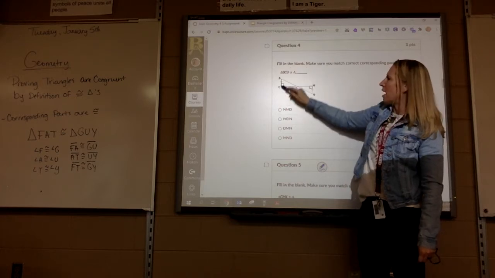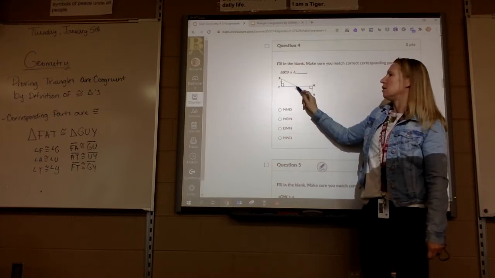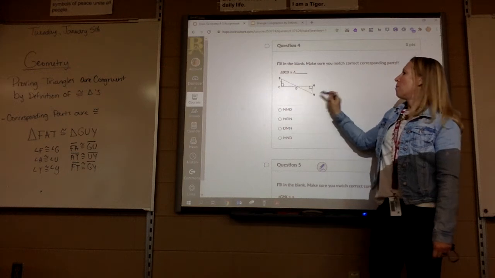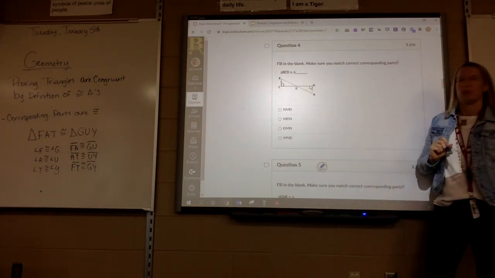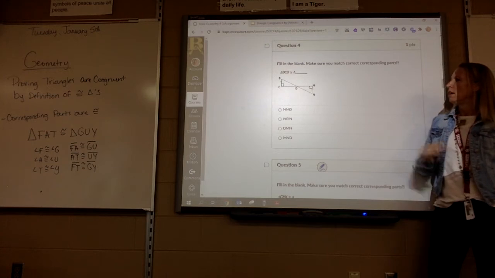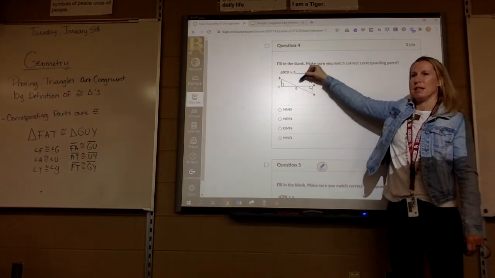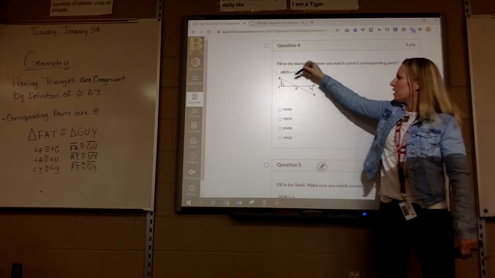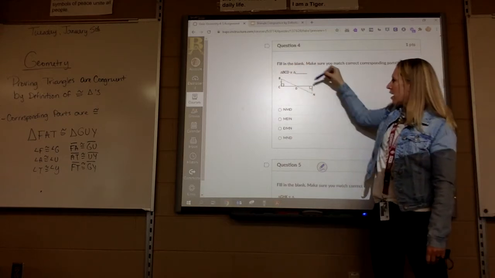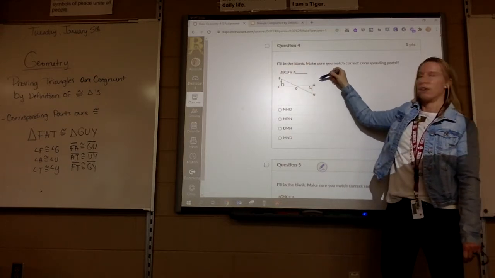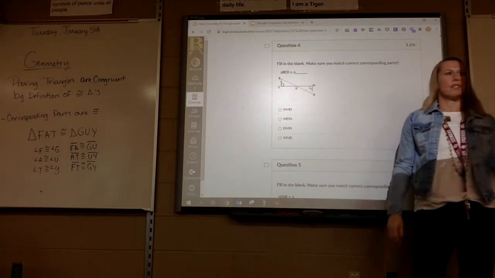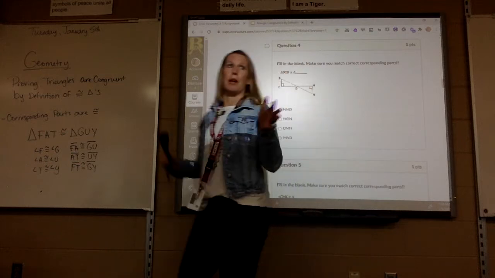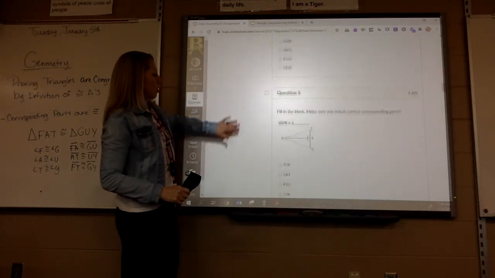And I'm going to the right angle, and then I go over to D, which is that vertical angle. Make sure you match corresponding parts. What would it be congruent to on the other triangle? Yeah, NMD. Does that make sense? So if I start with B and then go to the right angle, I have to start with N and then go to the right angle. So NMD. Make sure when you match up corresponding parts that it's in the correct order.